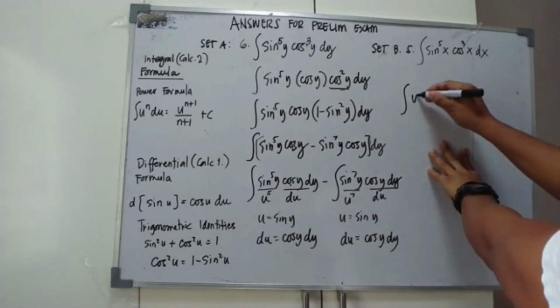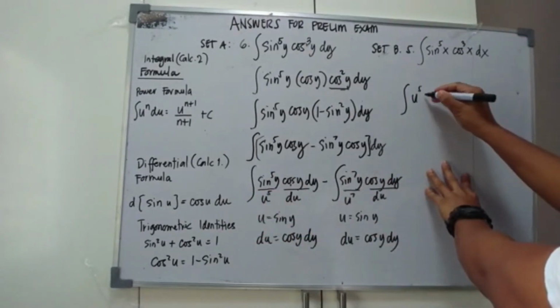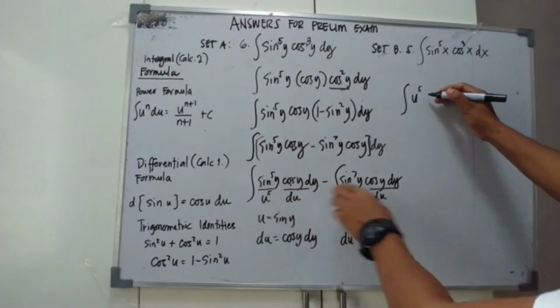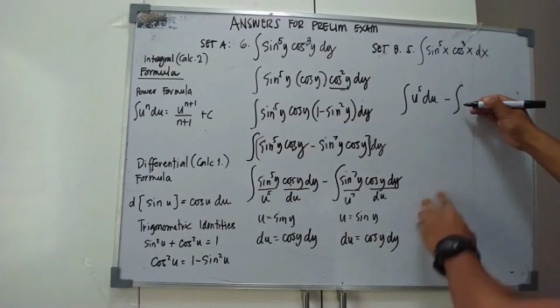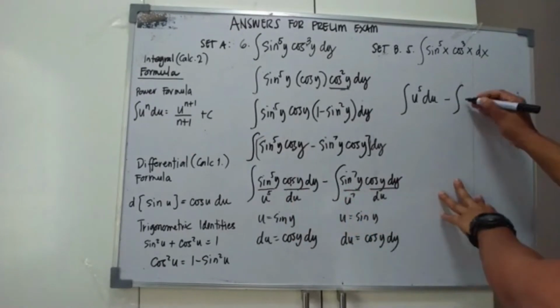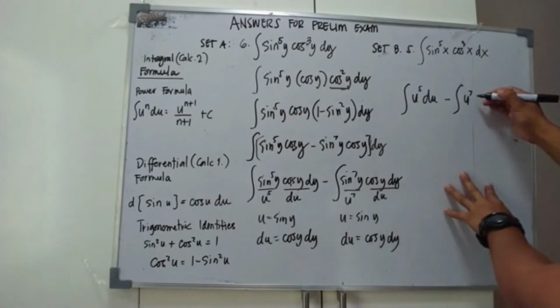The value of u is sine, so u raised to 5, and your du is cosine of y dy. Minus the integral of u, which is your sine, so u raised to 7, and your du is cosine of y dy.